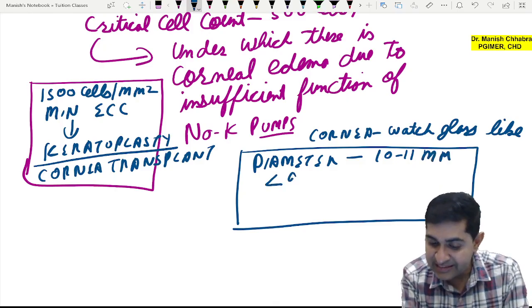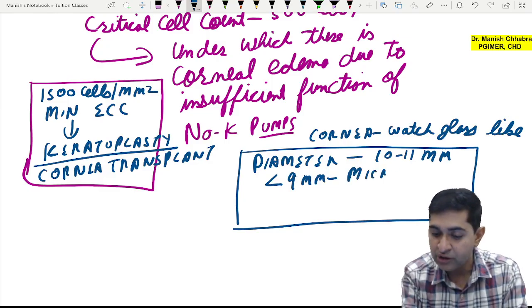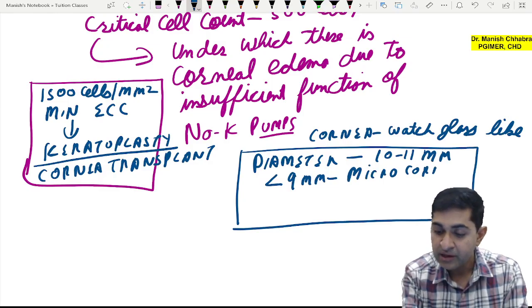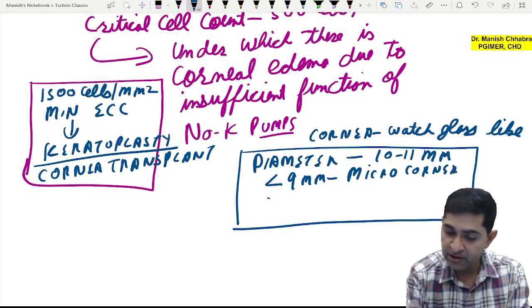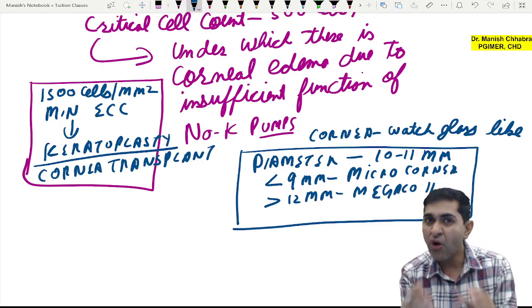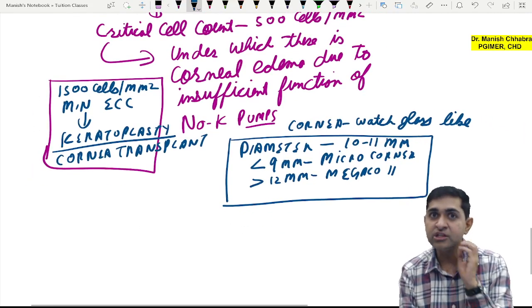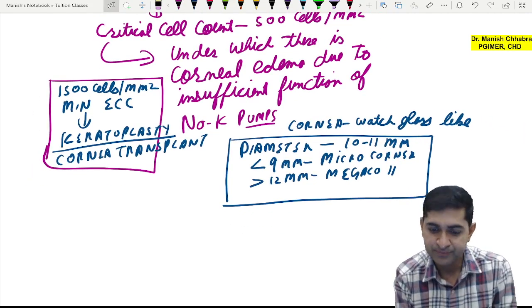If it is less than 9 millimeter, you call it microcornea. If it is more than 12 millimeter, you call it megalocornea. These are all the basic terms which all of you should know. So this is about cornea.